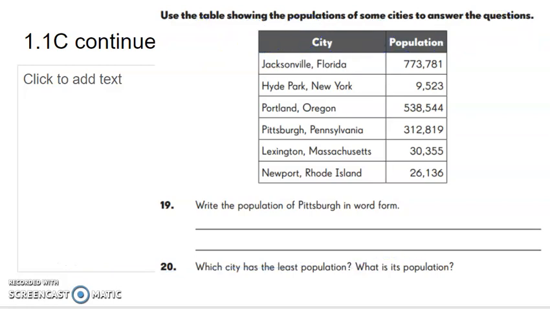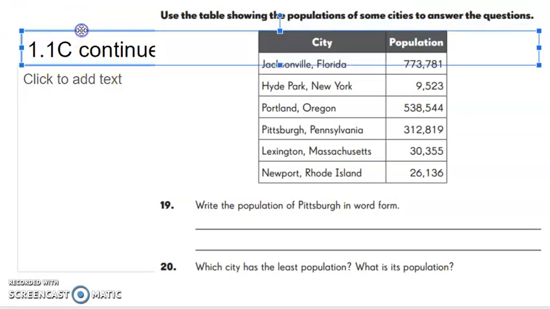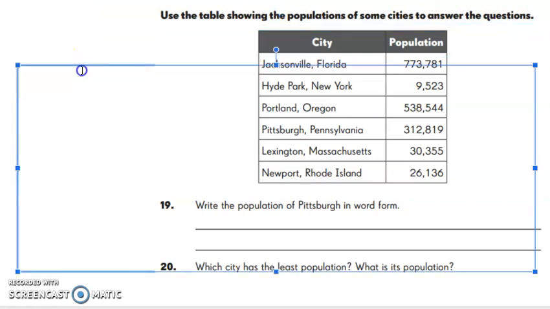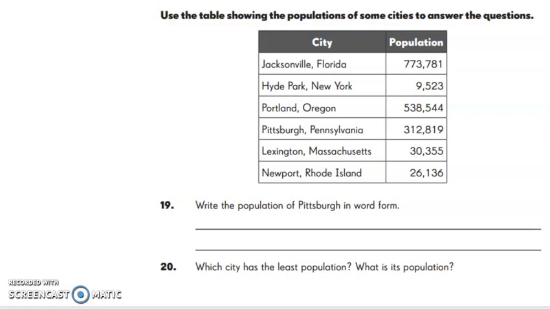All right, if we look at this chart here, we're using the table showing the population of some cities to answer the questions. Hold on one second. I'm just going to delete that so it's not in the background distracting us. There we go. All right. So we have Jacksonville, Florida, Hyde Park, New York, Portland, Oregon, Pittsburgh, Pennsylvania, Lexington, Massachusetts, and Newport, Rhode Island. So we're saying, okay, write the population of Pittsburgh in word form.